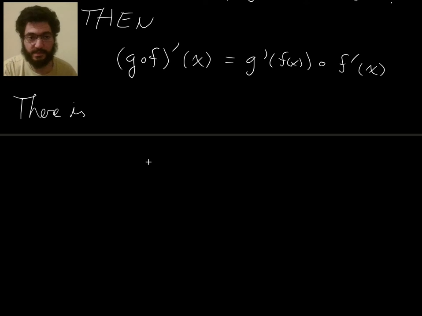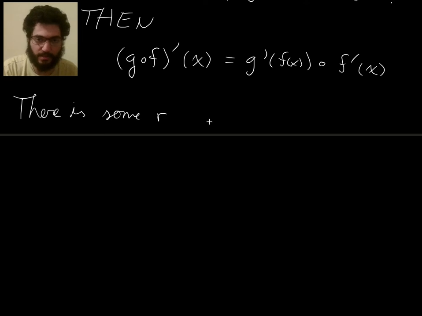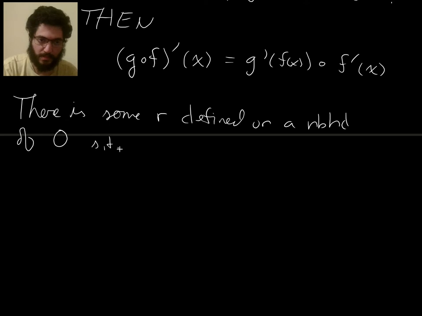So since f is differentiable at x, there is some function r, which does the following. It's defined on some neighborhood of 0, and it operates as a remainder for the values of f near x, like this.